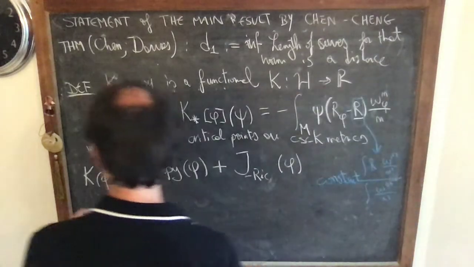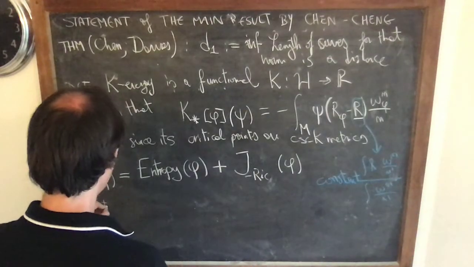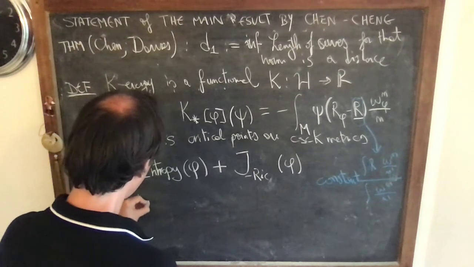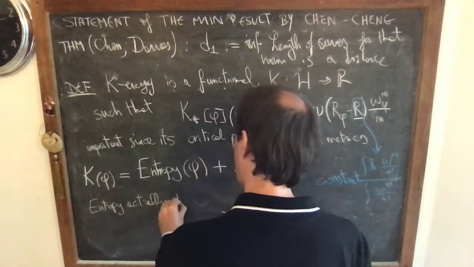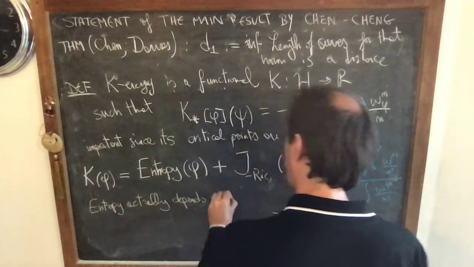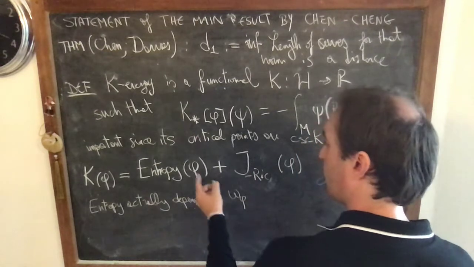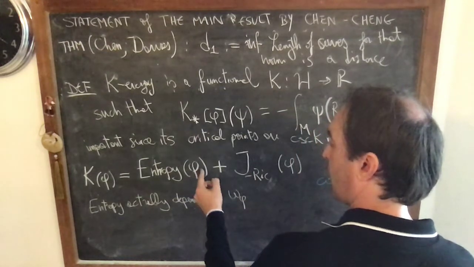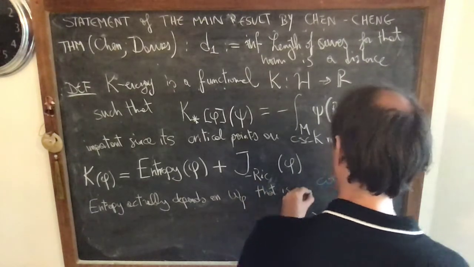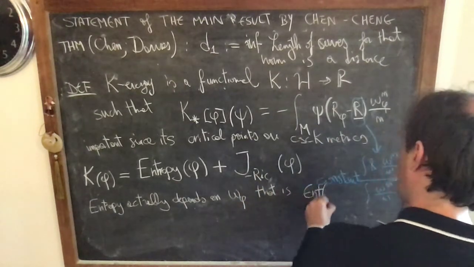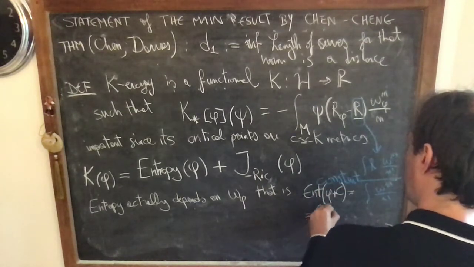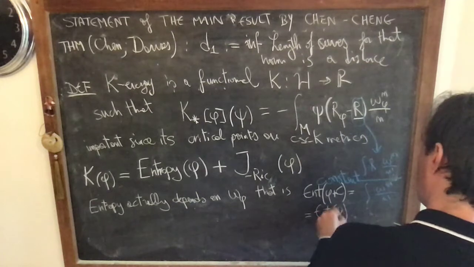So the entropy actually depends on omega phi, which means if we add a constant, the entropy of phi plus c equals the entropy of phi.